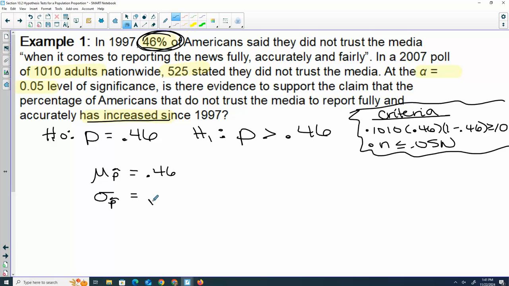Standard deviation is the square root of 0.46 times 1 minus 0.46 over n. And you get 0.157.